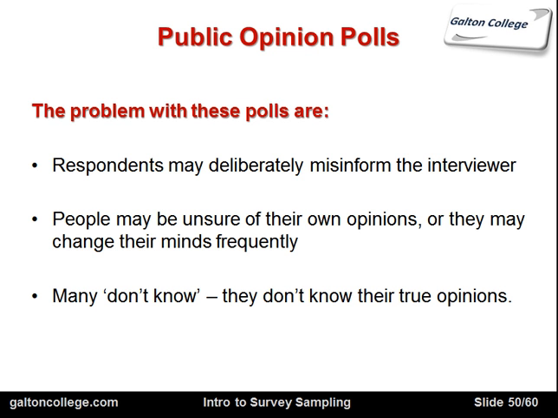There may be many don't knows. They don't know their true opinion. One day they believe this, the next day they believe the opposite. They're not quite sure about things, and therefore the don't knows are a major issue.